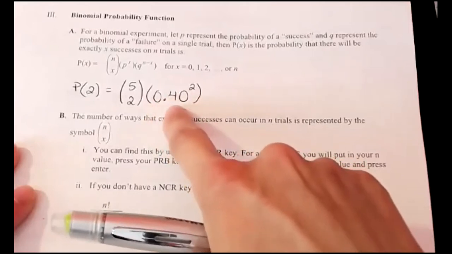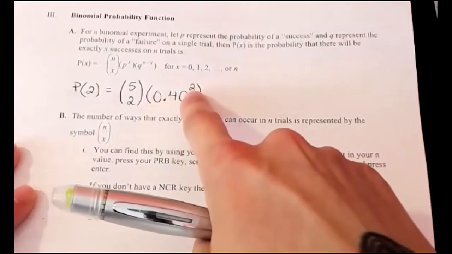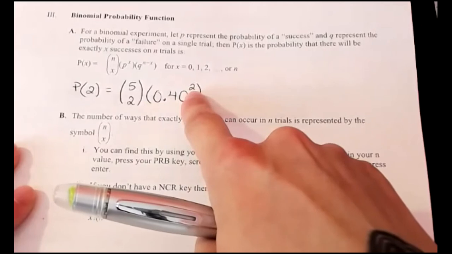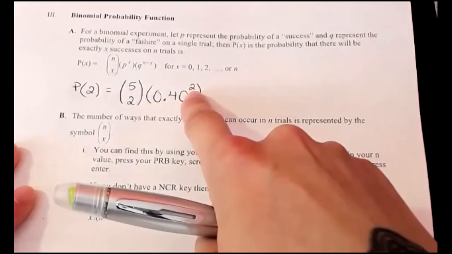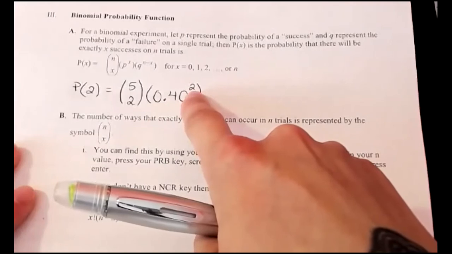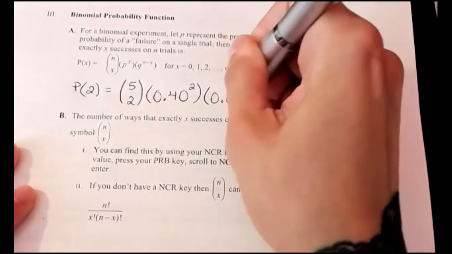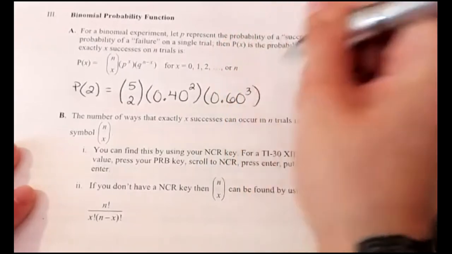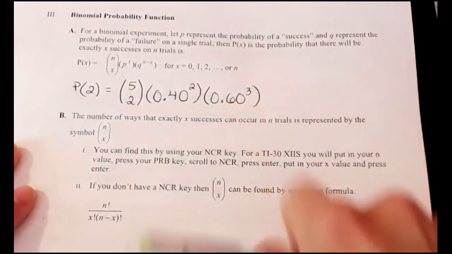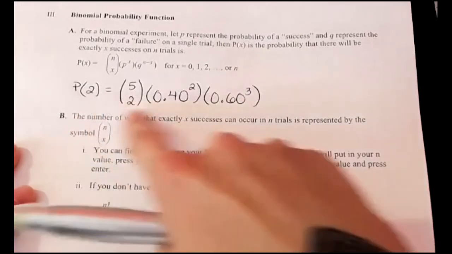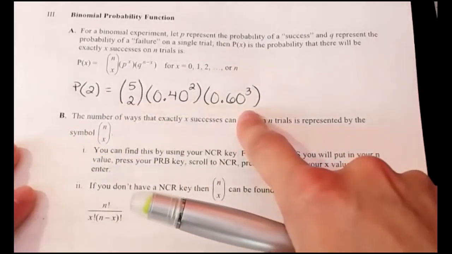So the probability of success for those 2 students. So how many students are going to say no? 3. Okay, 3. So you take the probability of failure and you say, well, there are going to be 3 of them that say they don't take stats. There is your equation.